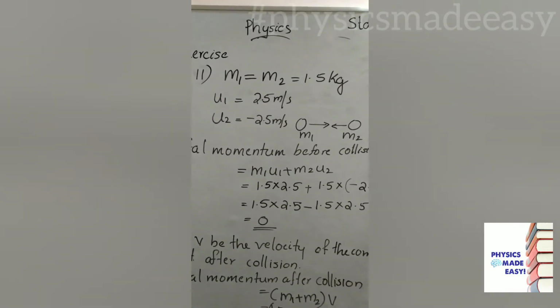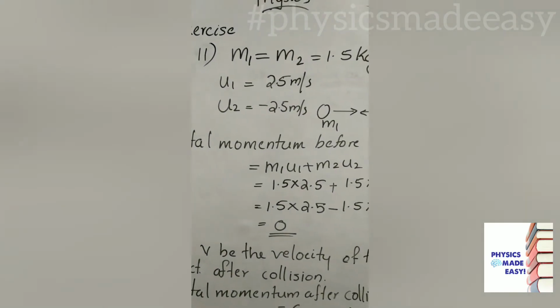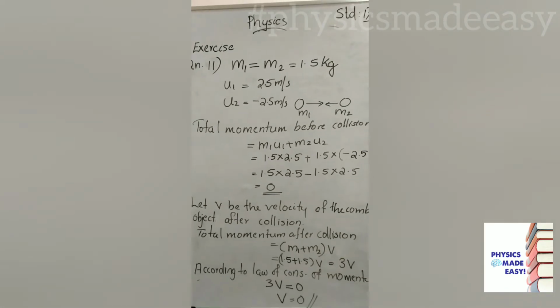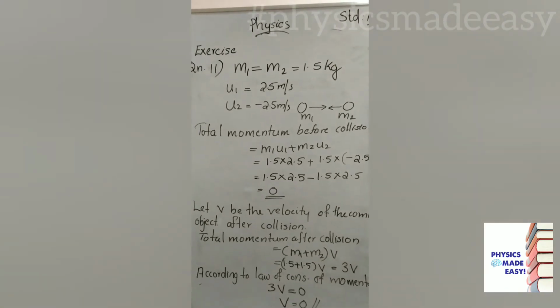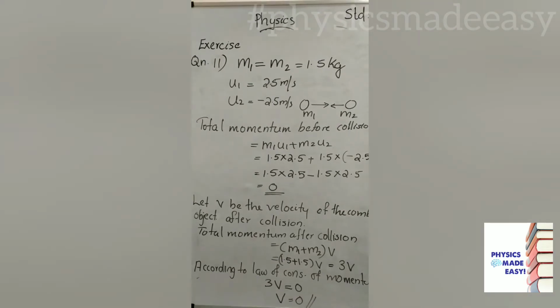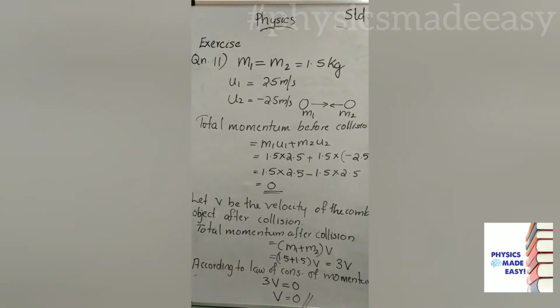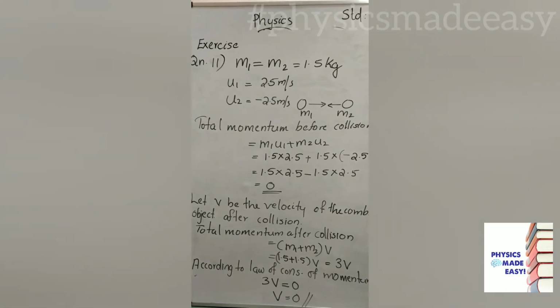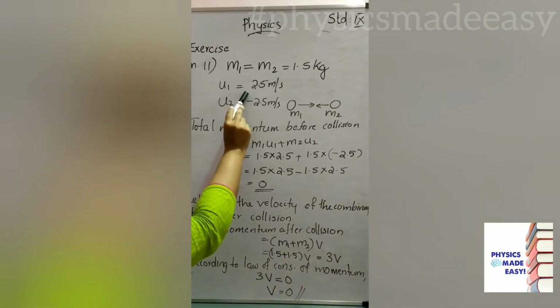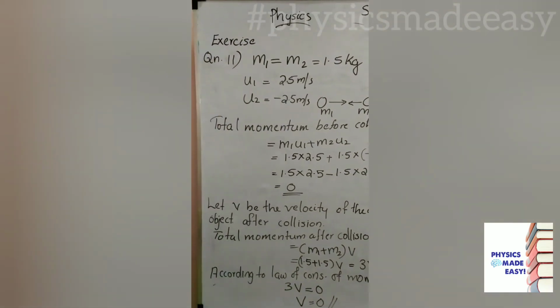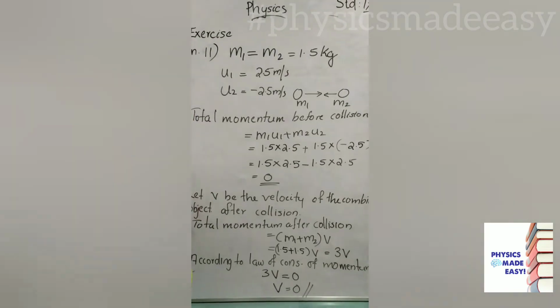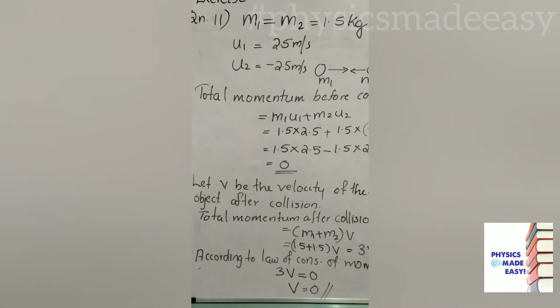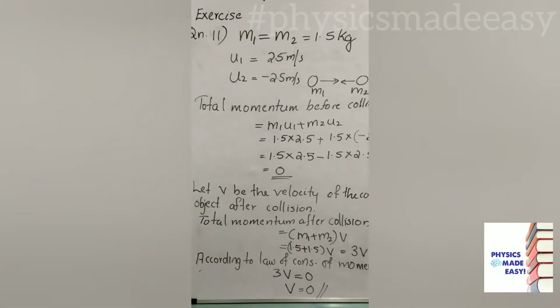The velocity of each object is the same, given as 2.5 meter per second. But children, these are moving in opposite directions. So the velocity of one object we have to take as positive, the other one should be negative. So here U1 is equal to 2.5 meter per second, then U2 is minus 2.5 meter per second.